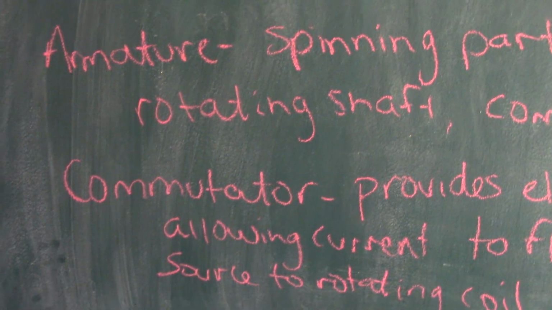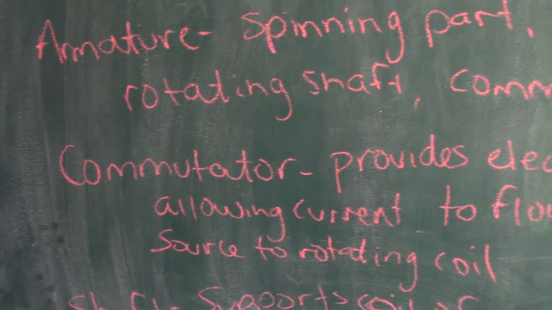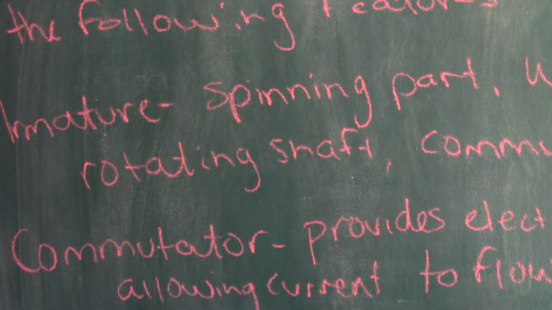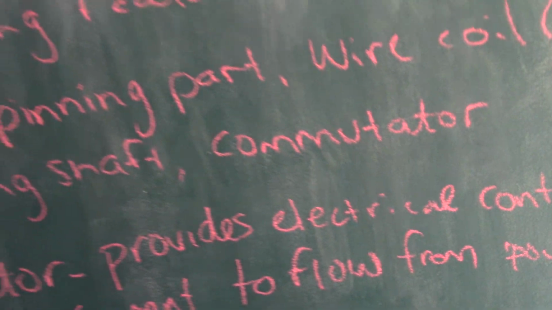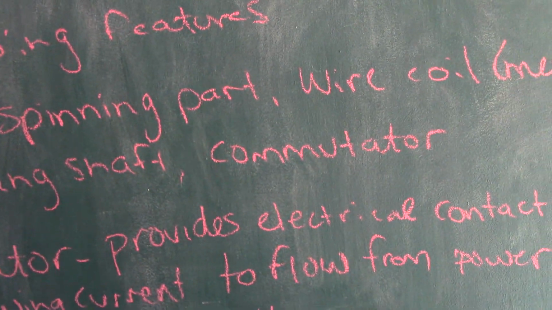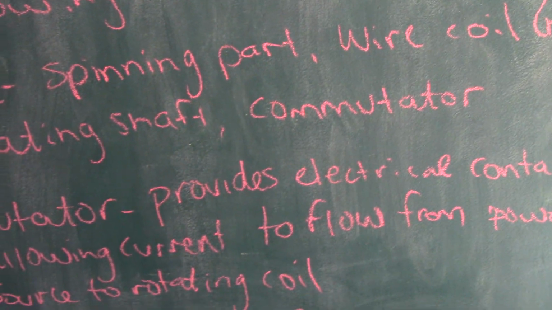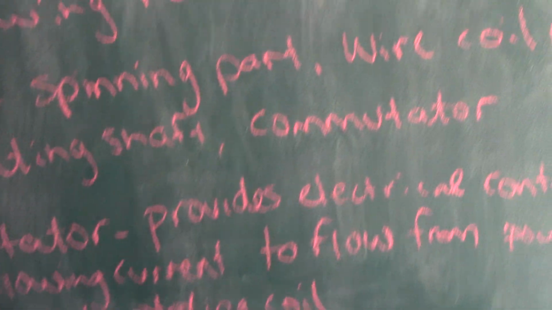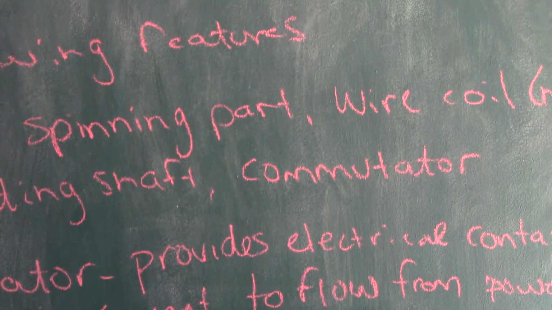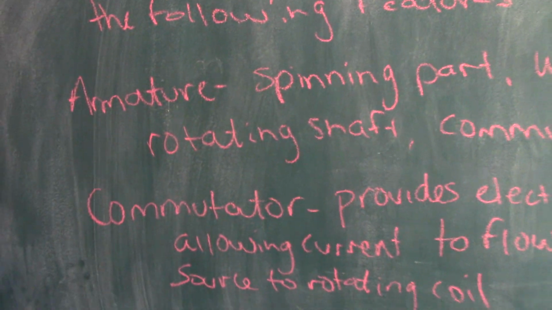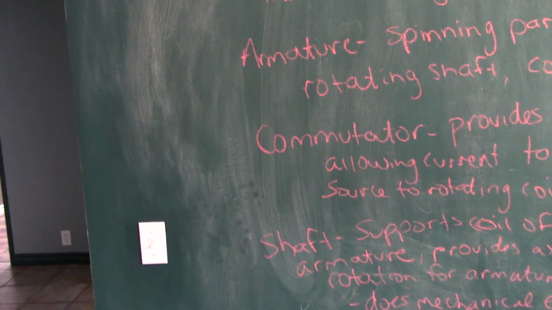And on the armature there'll be a shaft or an axle which allows the spinning to happen, and then you're going to have a commutator as well, and that is where you can provide electrical contact. So electricity can either move in or out of the armature to either power the armature to spin or send electricity away to provide energy to do any type of work.